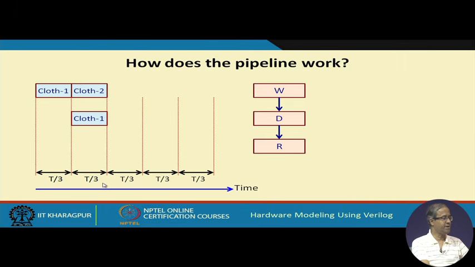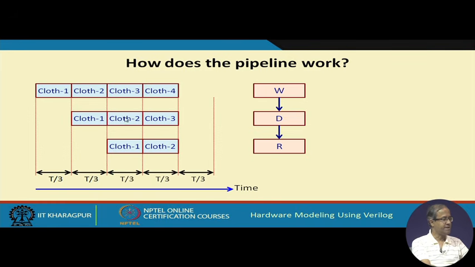This requires again T by 3, then cloth 1 comes for ironing, cloth 2 for drying, cloth 3 for washing. Now, after T by 3 cloth 1 is done. So, cloth 1 you can take out, then cloth 2 comes here, cloth 3 comes here, cloth 4 comes here. After T by 3 cloth 2 can be taken out, then cloth 3 can be taken.